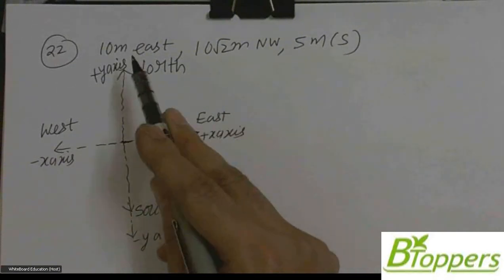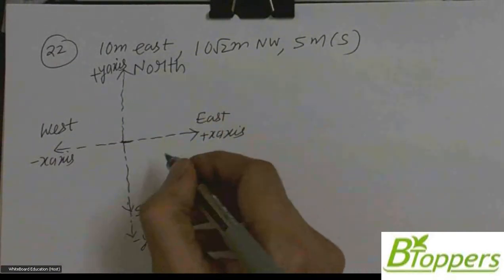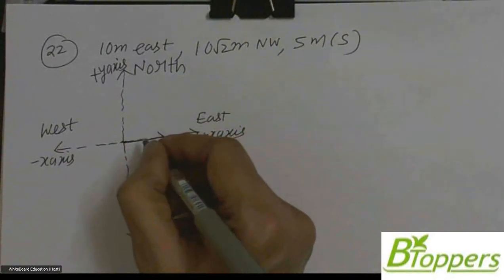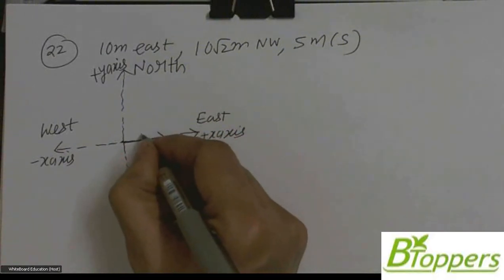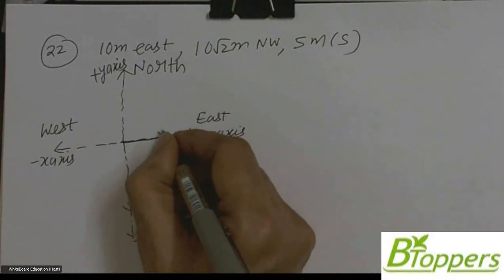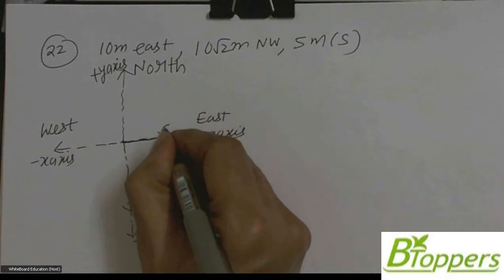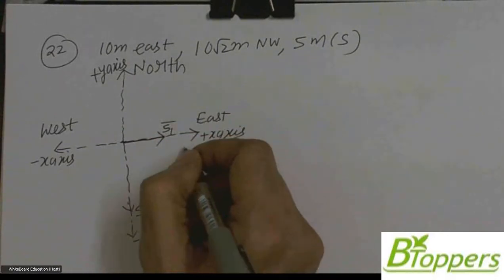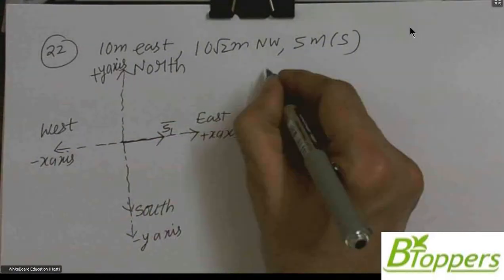The first vector has a magnitude of 10 meter and is directed towards east. So I can write the first displacement vector as S1 bar, which acts towards east, that means along the positive direction of x-axis.